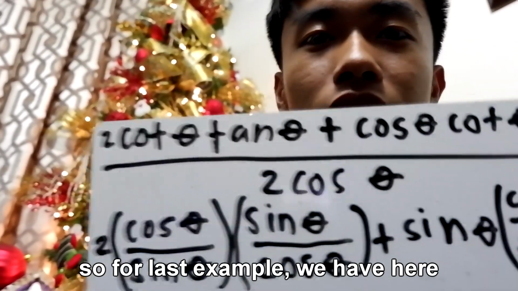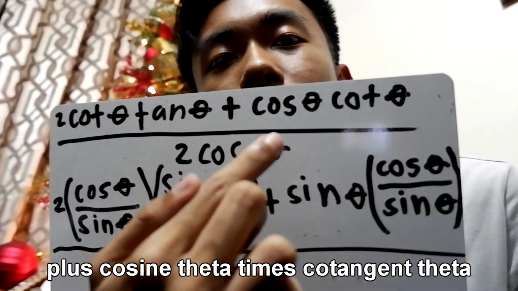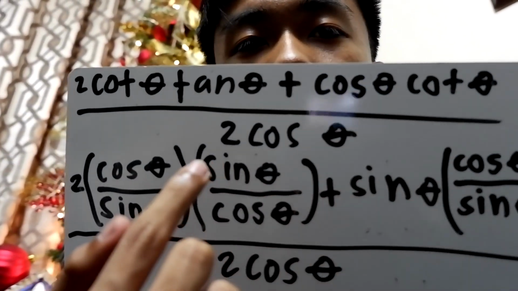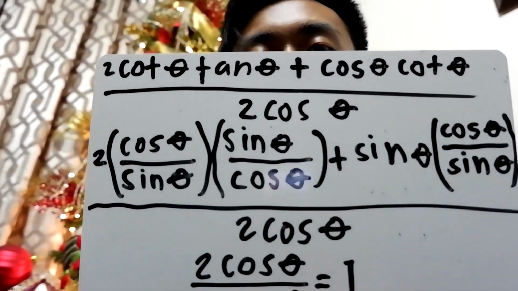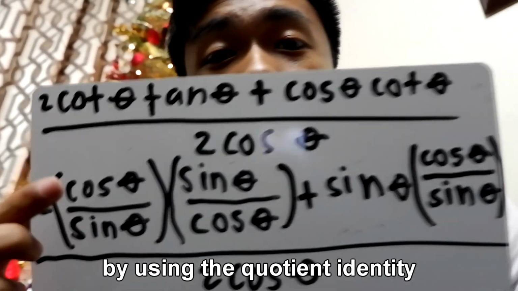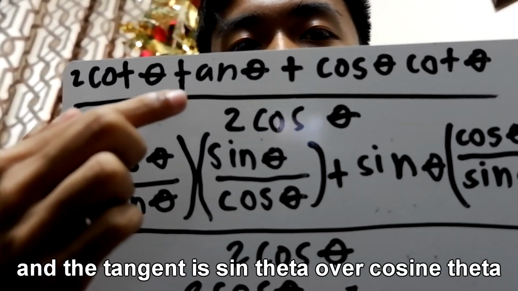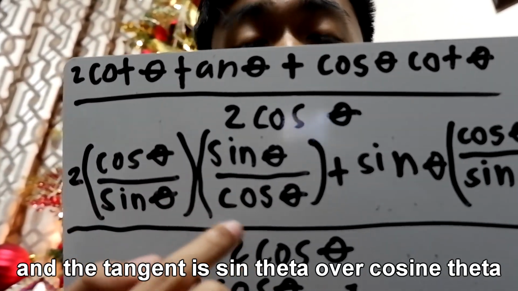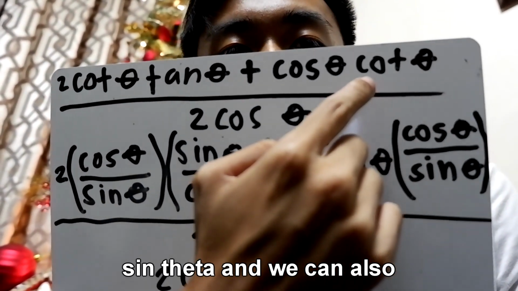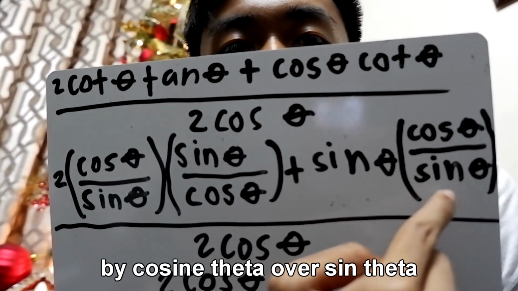For the last example, we have 2 cotangent theta times tangent theta plus 2 cosine theta times cotangent theta, over 2 cosine theta. Then we can substitute these using the quotient identity: cotangent is cosine theta over sine theta, and the tangent is sine theta over cosine theta, plus the cosine theta, and we can also substitute cotangent with cosine theta over sine theta.